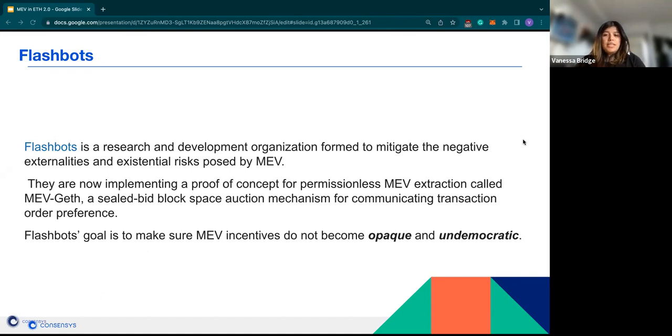And so what they did was that with MEV Geth, you move it out of the network and you're only having your transactions included in these bundles that they send, but you're not doing this race or this priority gas auction on chain. But again, this is something that becomes problematic because it becomes one single point of failure.